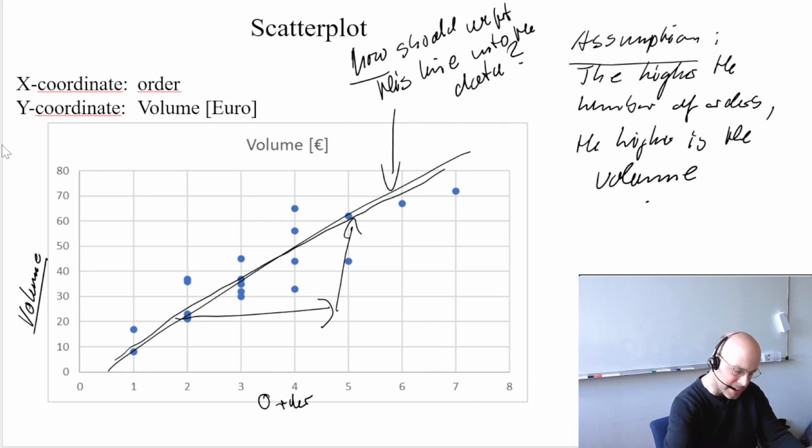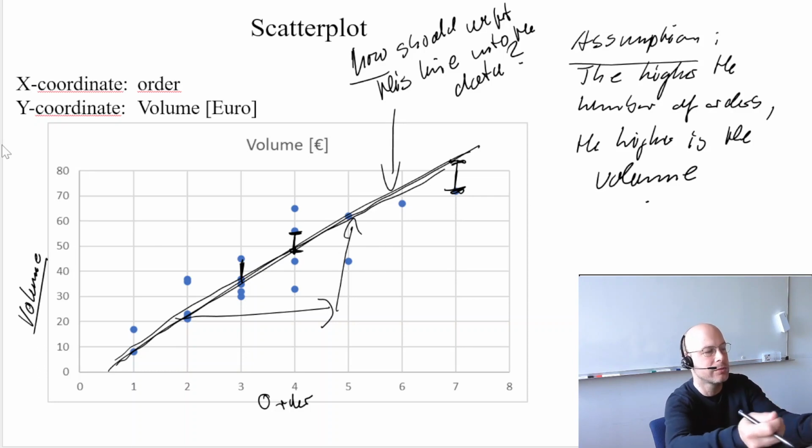So let's just say this was our first assumption by hand. Then the difference between our collected data and our line is this distance, is this distance, or is this distance. And at first we say, well, we want to fit our data somehow into this cloud so that these distances should be as small as possible.